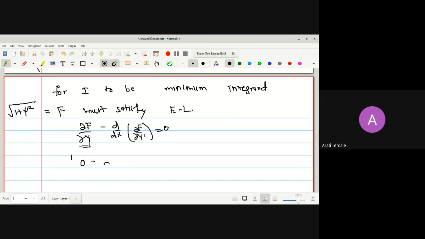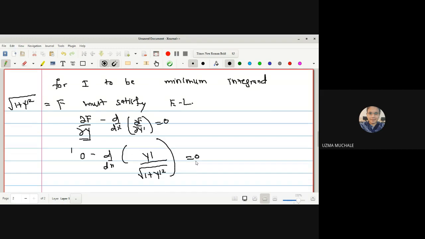Okay, so this is 0 minus d/dx as it is. So 2 gets cancelled. Can I write simply y' upon under root of 1 plus y' square equal to 0? Right?